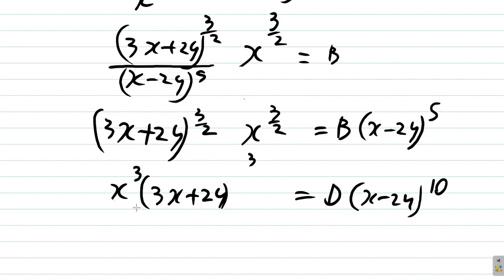We have x cubed, 3x plus 2y to the power of 3, and that's x minus 2y to the power of 10 d. Alright, so that's what we end up with here.